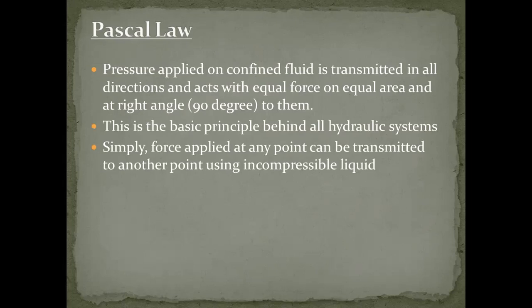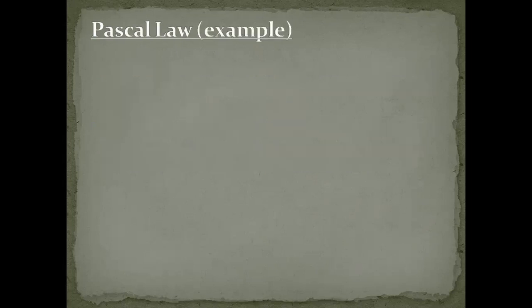This means that if we have a confined liquid and we apply force on one side of it, we can transmit the applied force to another side or another corner of the container in which the liquid is confined.